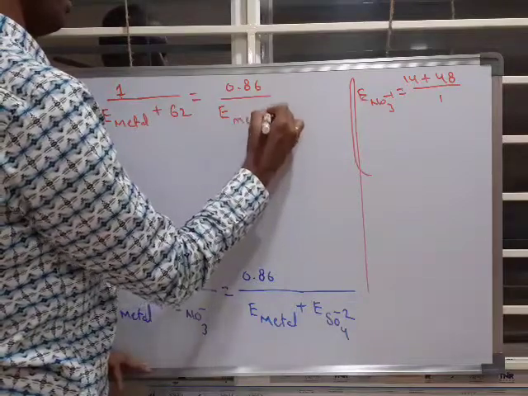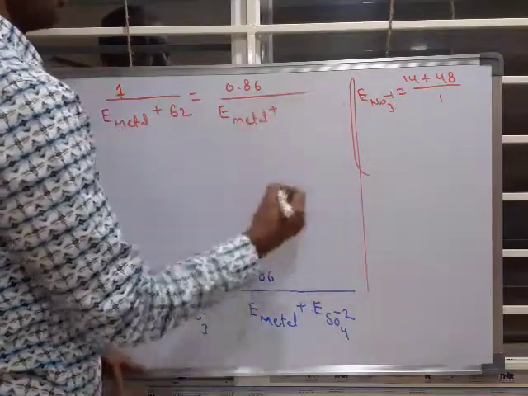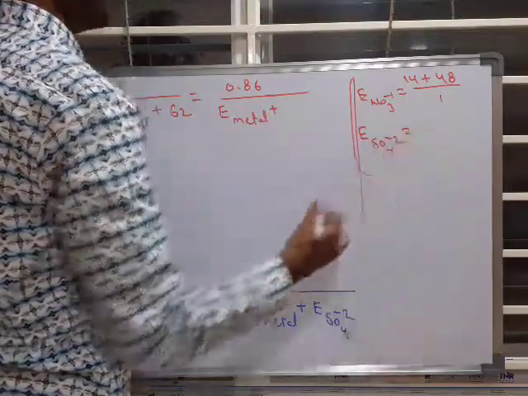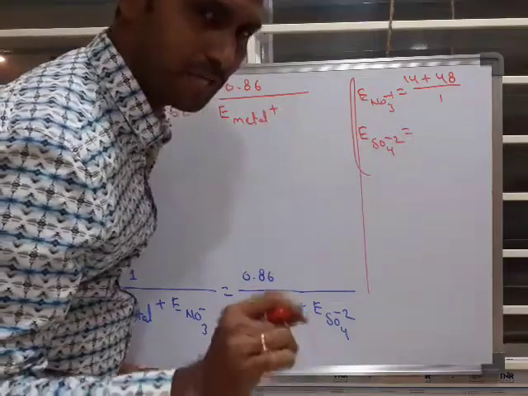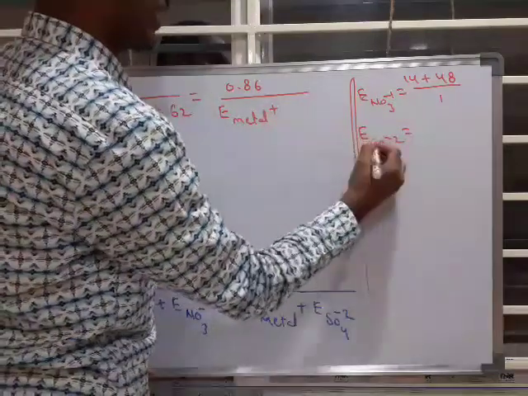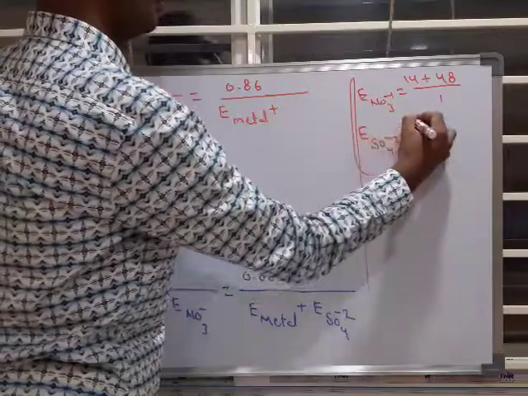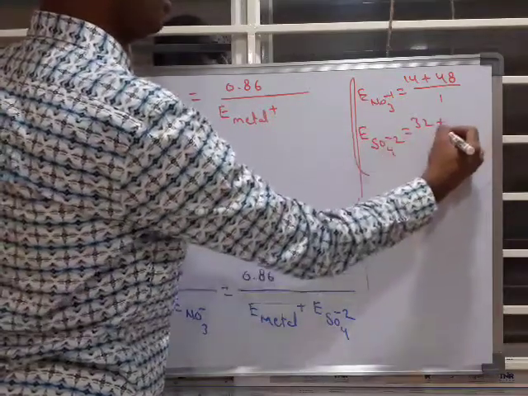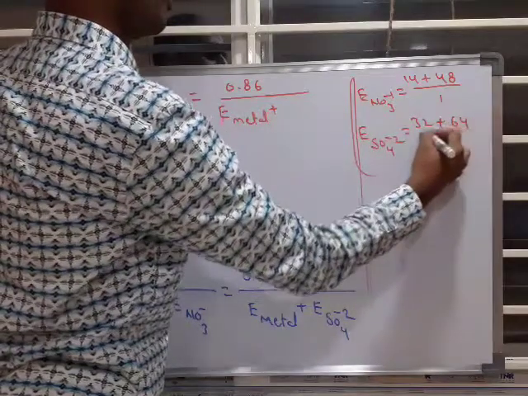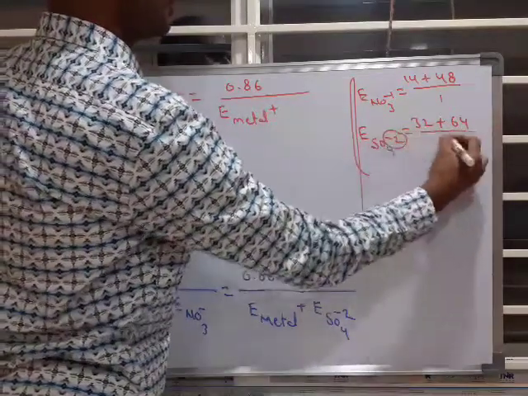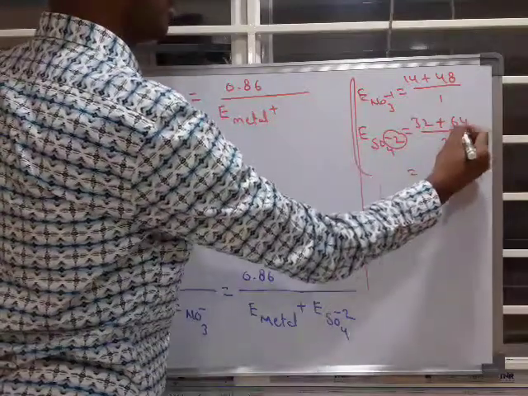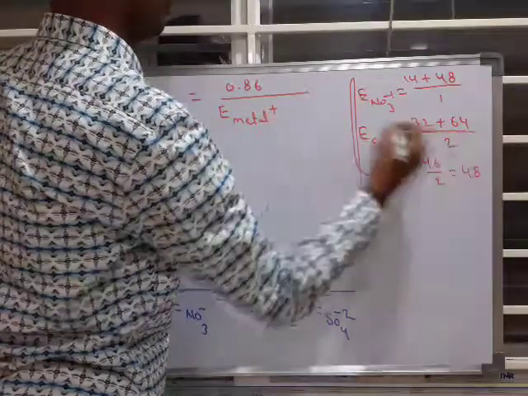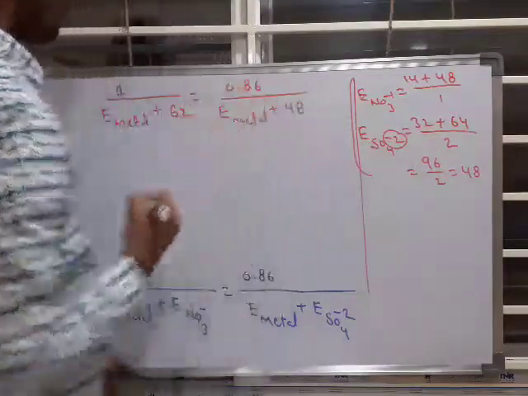Equivalent weight of metal plus the equivalent weight of sulfate. Sulfate means its molecular weight: sulfur 32, each oxygen carries 16, that is 64, divided by the charge of 2 units, which gives 48.